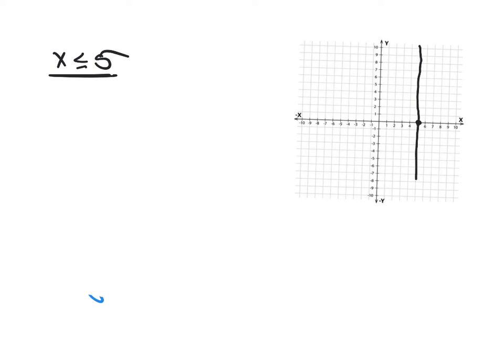Okay, so that's what we did. Drew a line vertically through that point. All right, this less than or equal sign says that the line is solid, not dotted, which is what I've got. And it also says that x is less than 5. So if we go on this side, those are numbers greater than 5. This side are numbers less than 5.